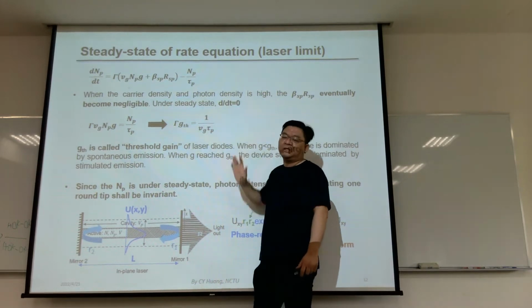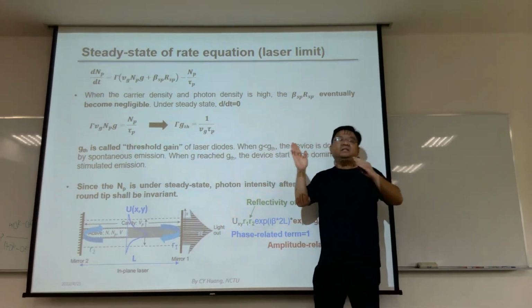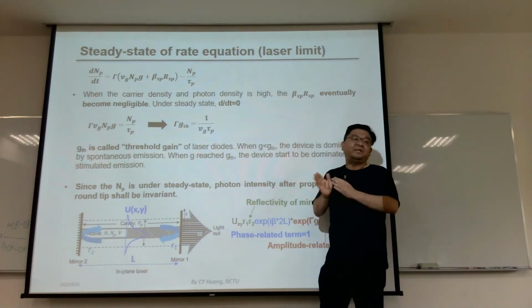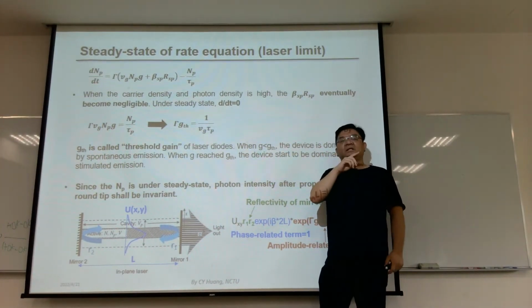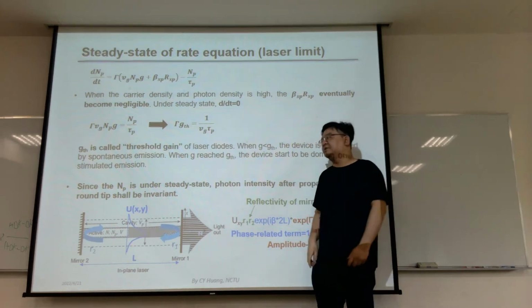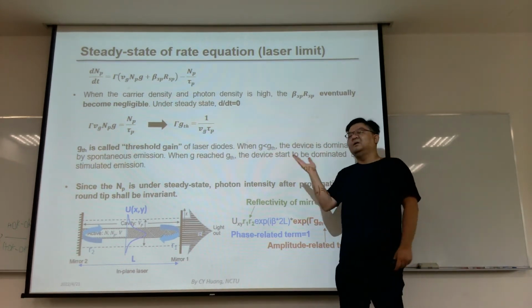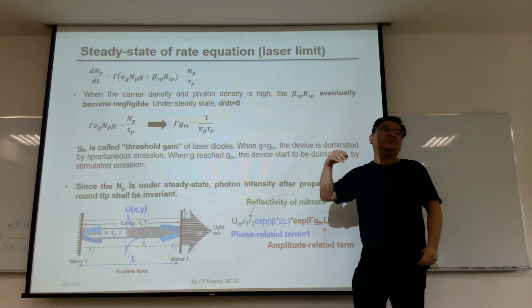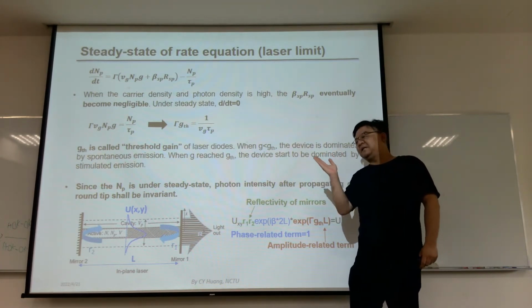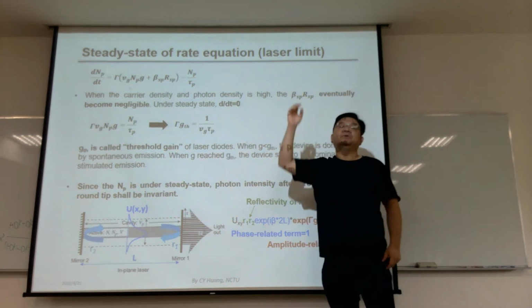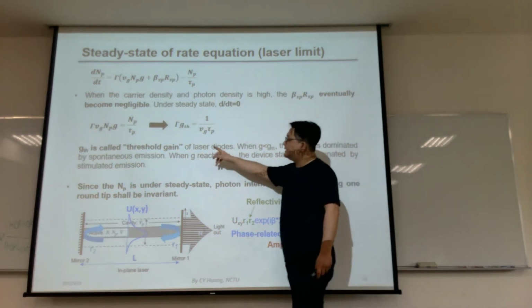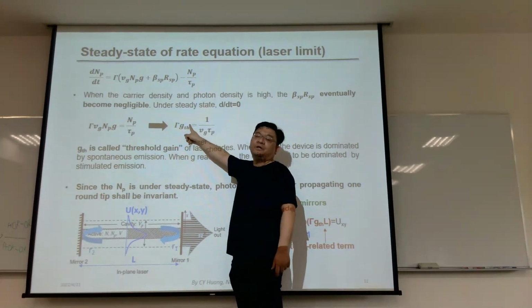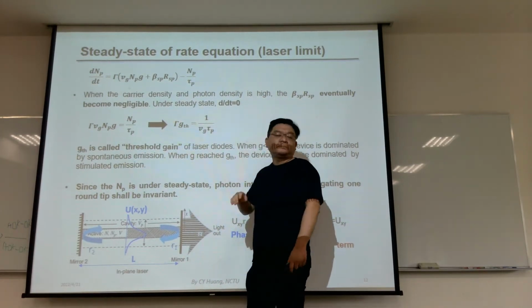Threshold condition is the intersection between the spontaneous emission and stimulated emission. Although it should be a continuous curve, there will be something like a turning point, obviously going from spontaneous emission to stimulated emission. Such threshold level we denote with th in the subscript.